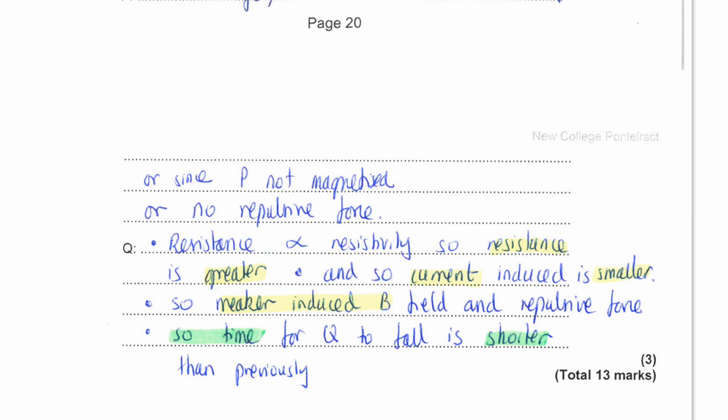That means that the upward force that's opposing the motion will also be less. The consequence of that is that the time for Q to fall is shorter than it previously was, so it's not going to be delayed to the same extent as previously.